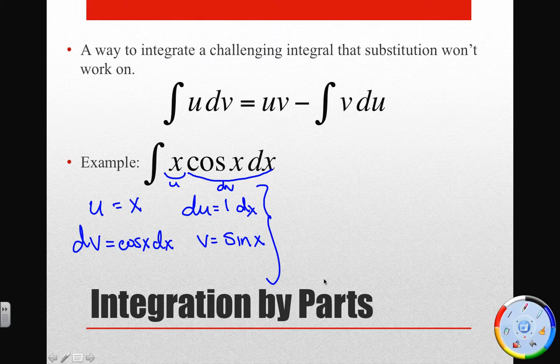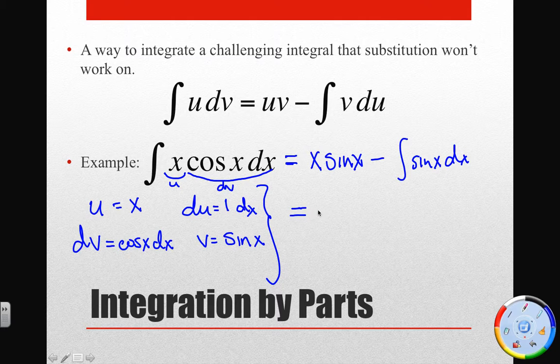With these pieces of information, I can now take this integral and split it by parts, hence the name, into parts. u times v gives x times the sine of x, minus the integral of v, which is sine x, du, which was just 1. That's nice, because look how easy this integral is now.